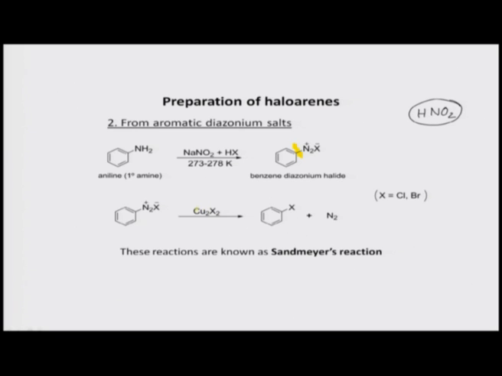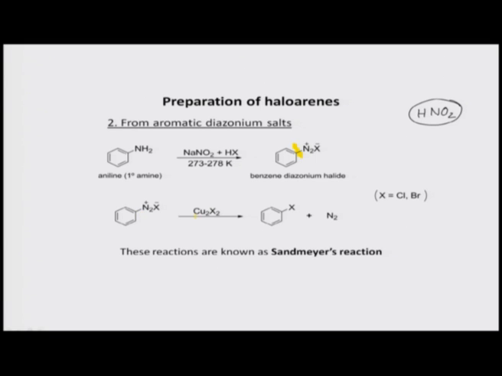When it is treated with Cu2X2 or CuX in short, it gives us the corresponding haloarene plus nitrogen. Now, the interesting point is that the X that is replacing here can be either the one attached to copper or the one present as the anion along with the diazonium salt. Normally, if you want a chloride, it is better to start with an aromatic diazonium chloride. If you want a bromide, it is better to start with an aromatic diazonium bromide and so on.